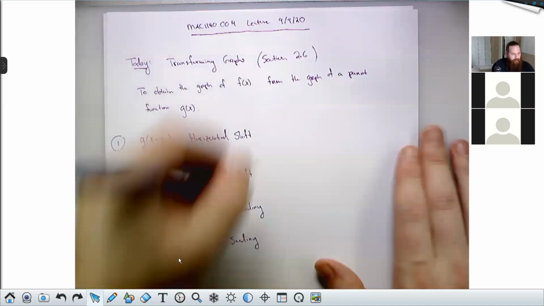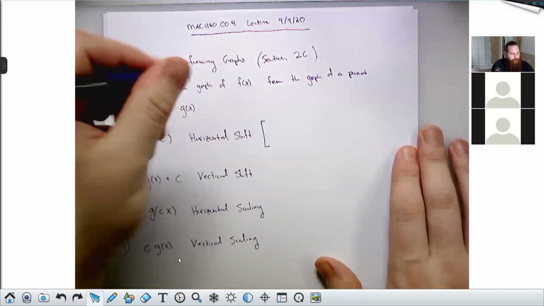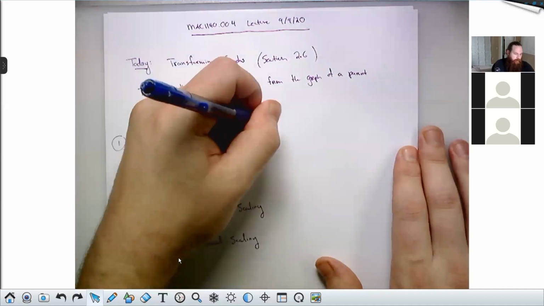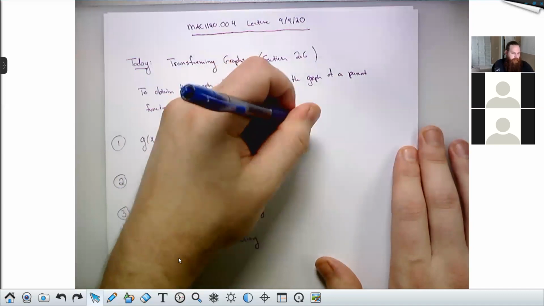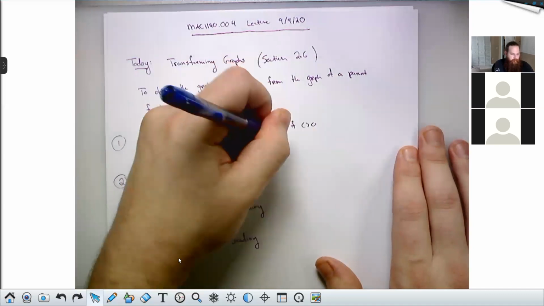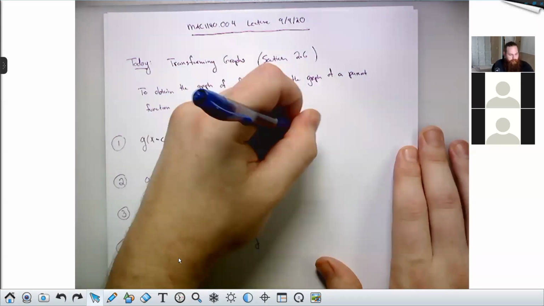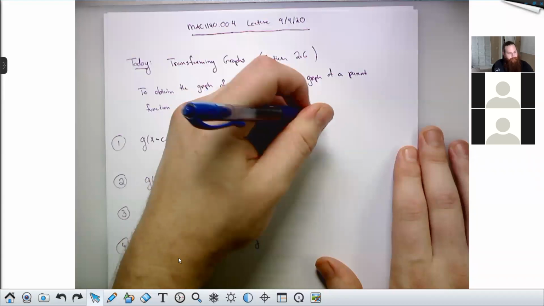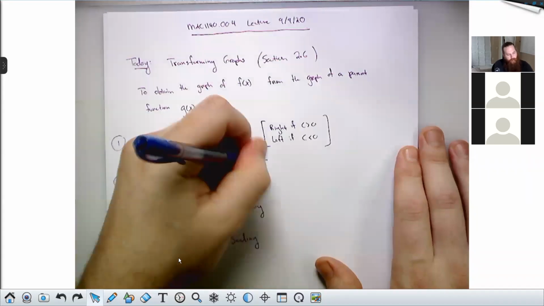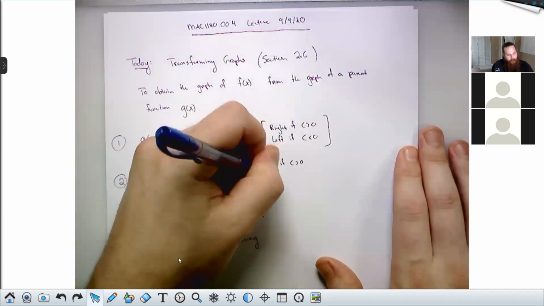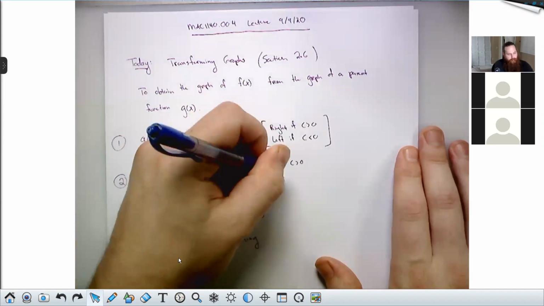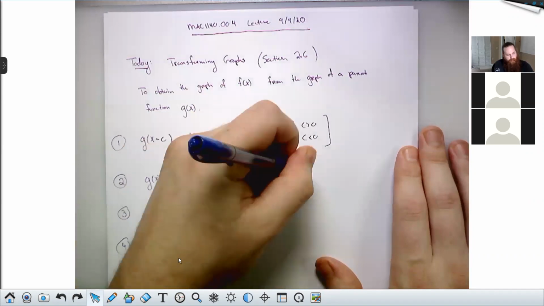So we'll go right if C is positive, and left if C is negative. Here you'll go up if C is positive, and down if C is negative.